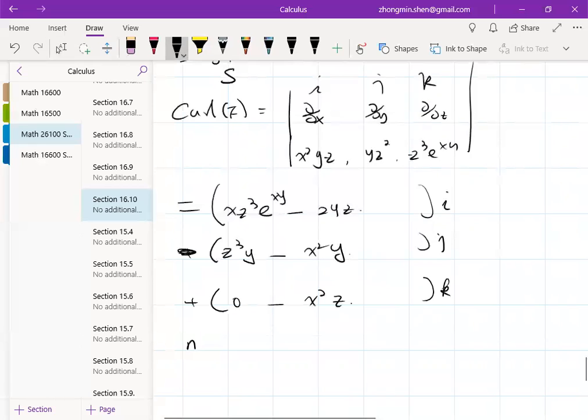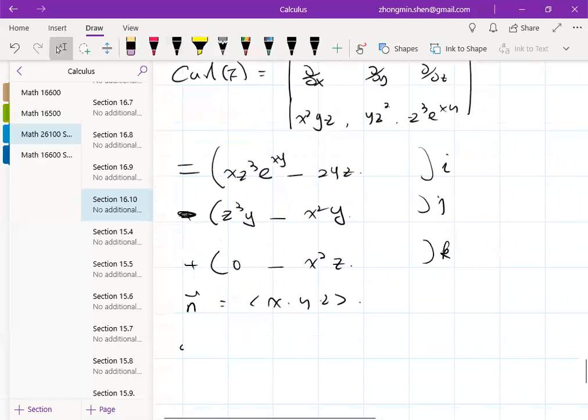Okay? So the normal vector is going to be x, y, z. So we can multiply this out first. Okay, the curl of the vector field times this. Right, that's going to be x squared z cubed e to the xy minus 2xyz.